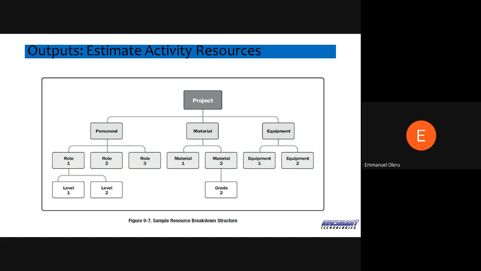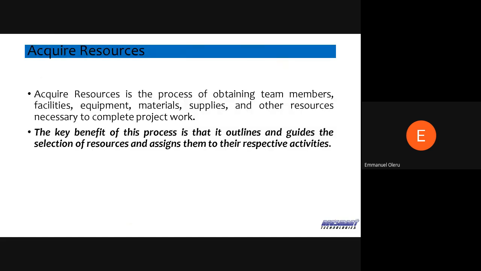Maybe officers, as the case may be, on level one and level two, right? When we talk about material resource, we have material one, material two. They can further break them into grades as the case may be, and then same thing with equipment. So this helps you to estimate the activity resources that you need for the project. So this is a sample resource breakdown structure.